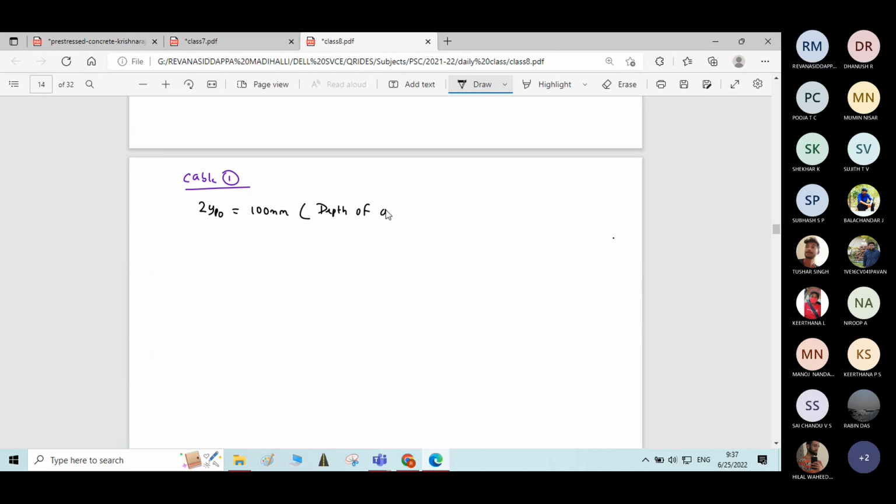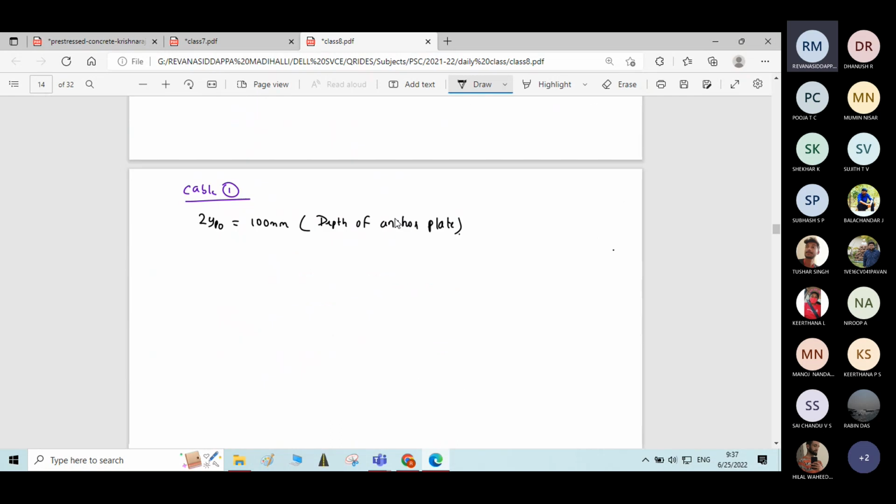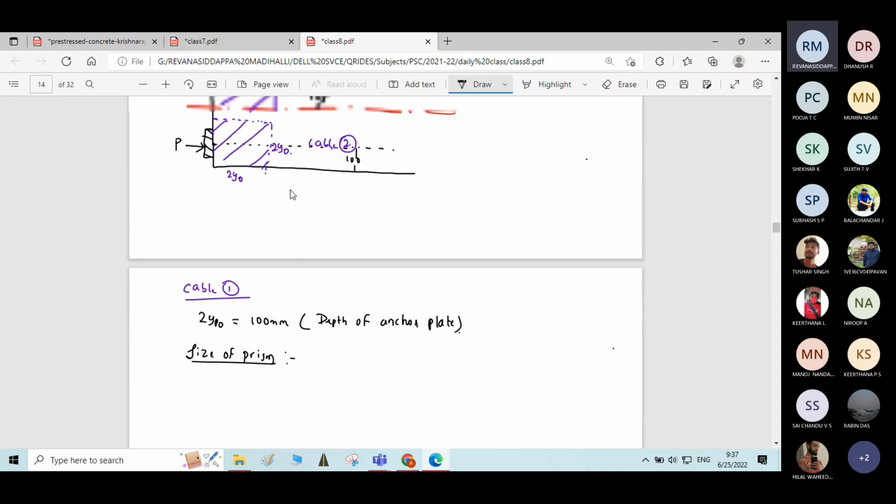Then 2y0, the size of the prism, is what we have to calculate now.